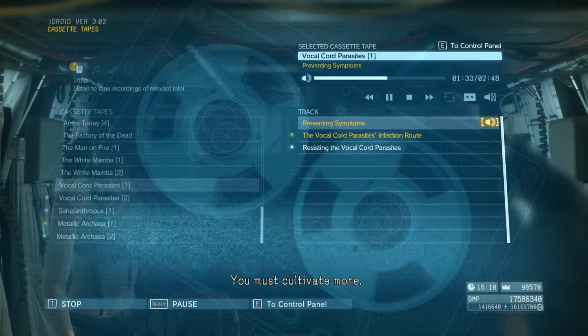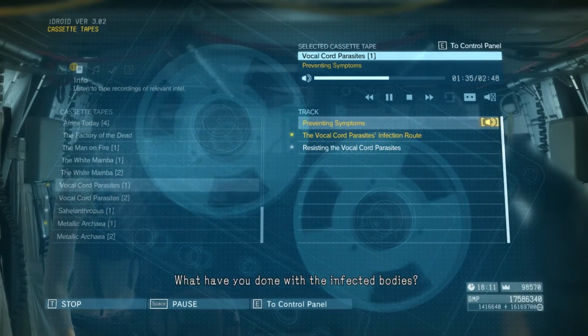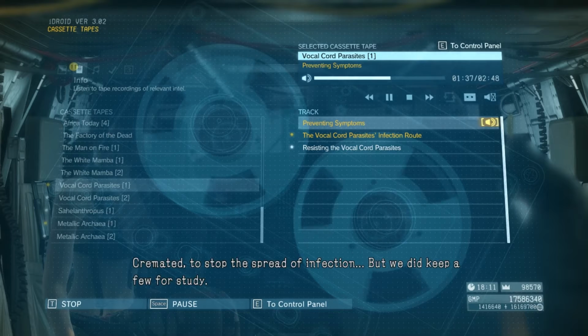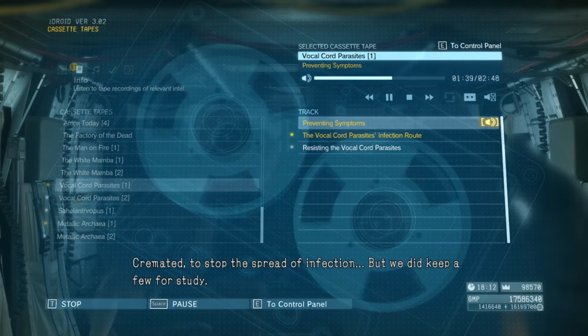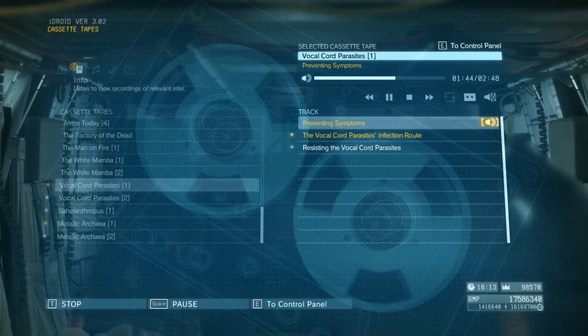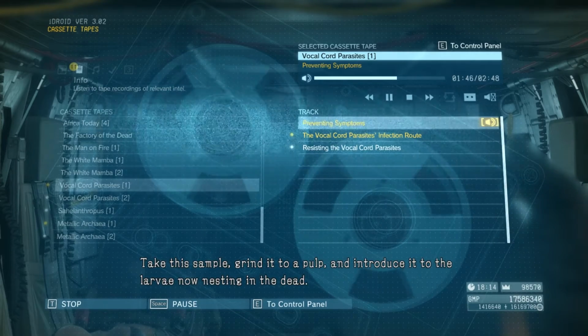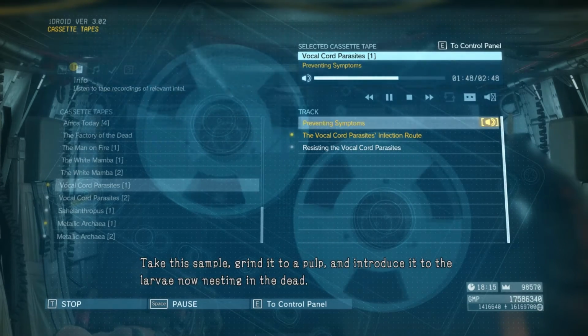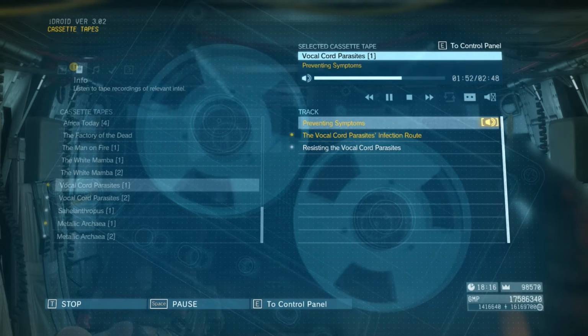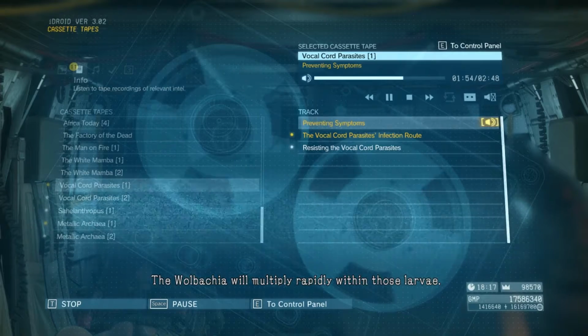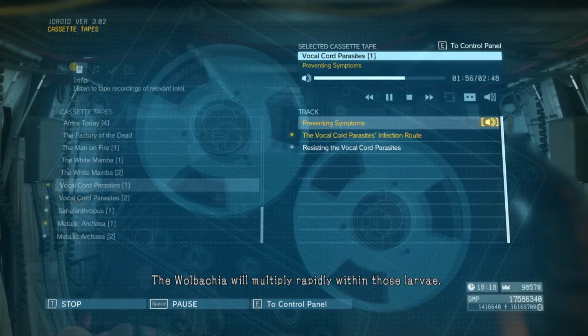You must cultivate more. What have you done with the infected bodies? Cremated to stop the spread of infection, but we did keep a few for study. Good. Take this sample, grind it to a pulp, and introduce it to the larvae now nesting in the dead. The Wolbachia will multiply rapidly within those larvae.